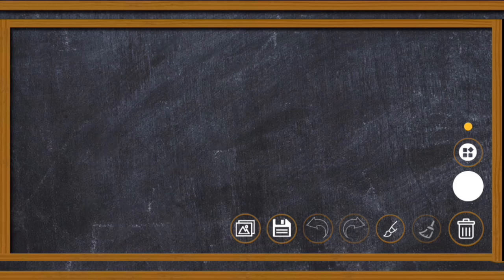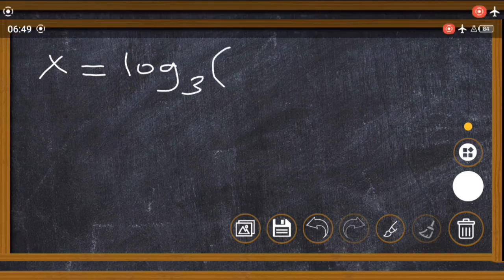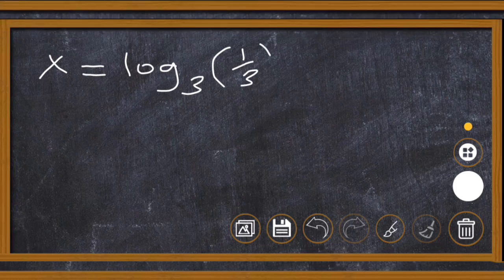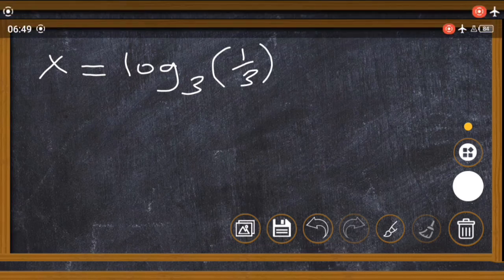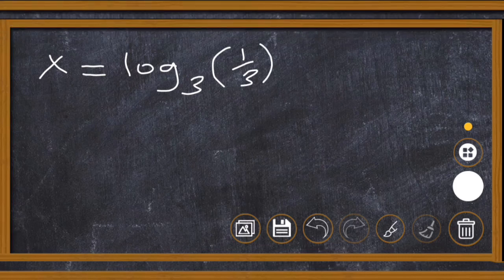So let's look at another example. Let's say we have x equals log base 3 of 1 over 3. So how can we write this one? Always remember, the first step is converting this into an exponential function. So this is the same as 3 raised to power x equals 1 over 3.